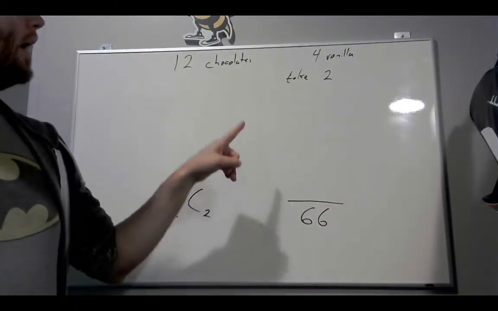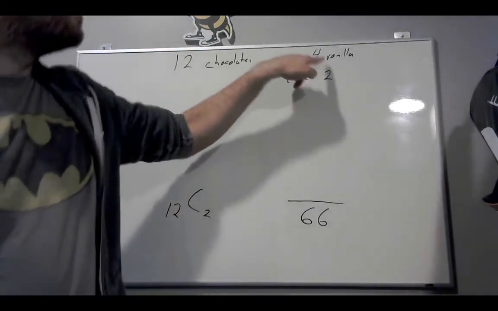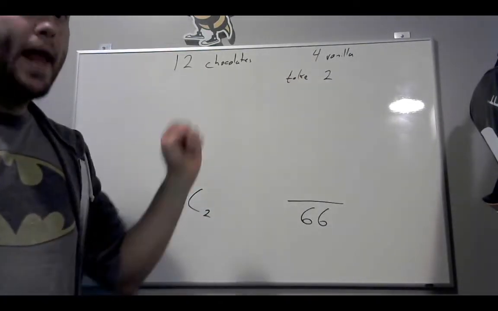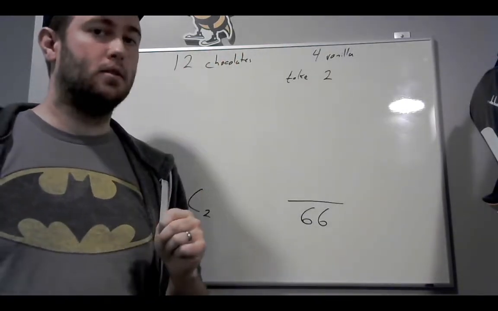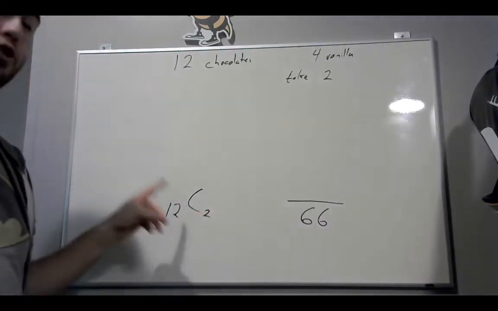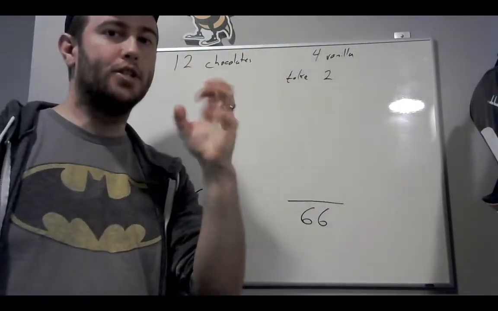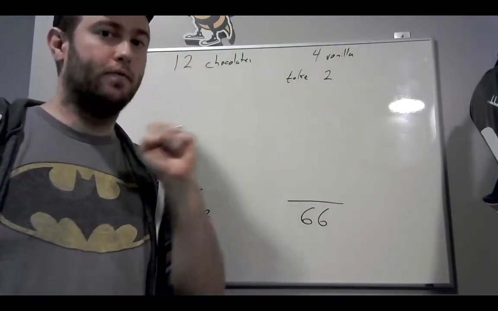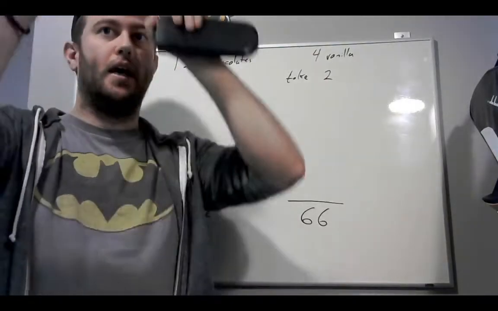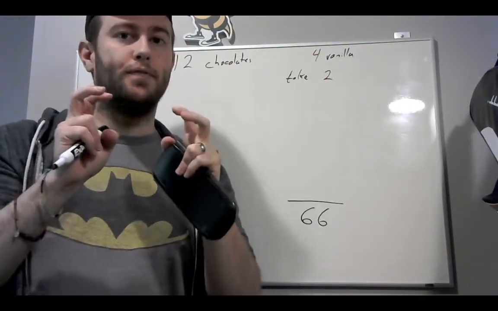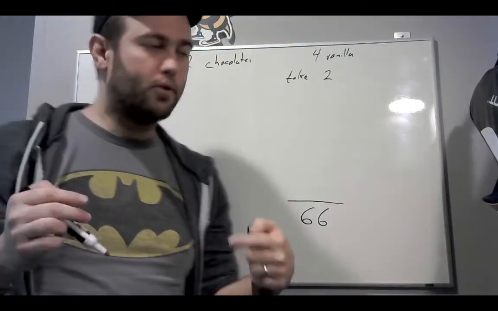So then I have to try to figure out what my event is going to be. And I want 4 of the vanillas. But how many different ways can I take 4 vanillas? So this is another choose problem, because it allows me to see all the different combinations of me picking those 4 vanillas. Otherwise, you would need to make a list again and try to maybe name each vanilla as A, B, C, and D and figure out all the different ways you can get those.